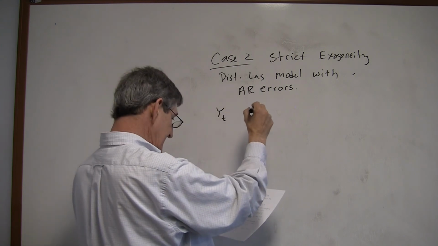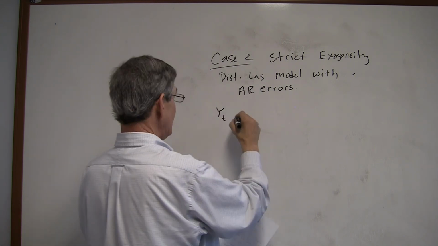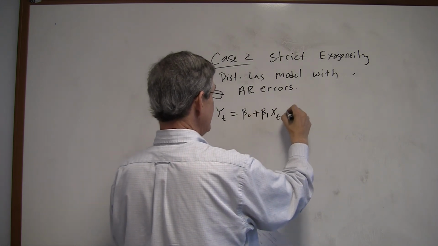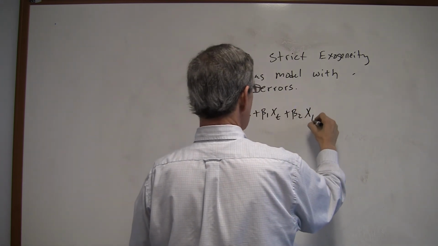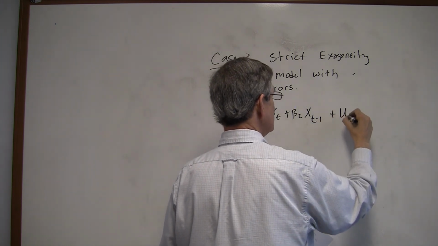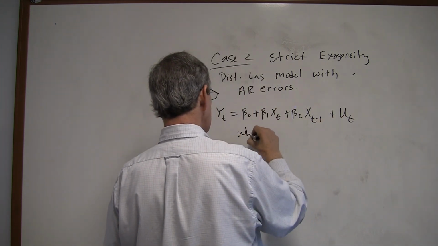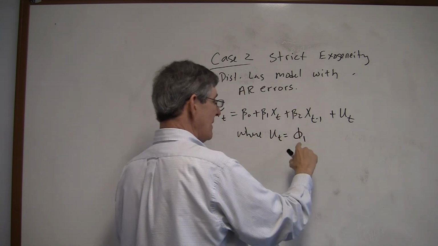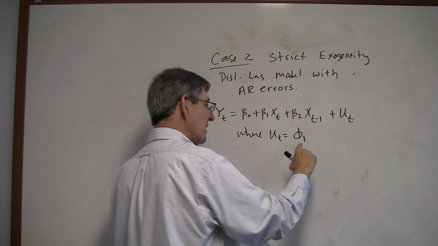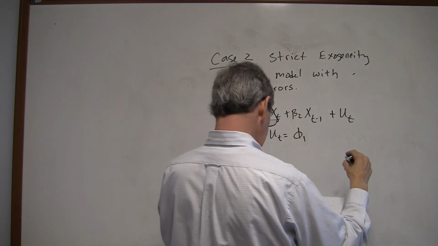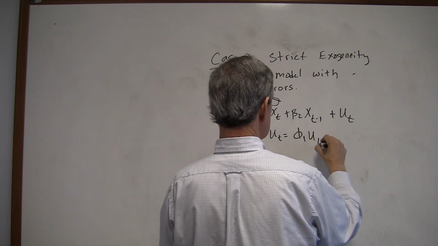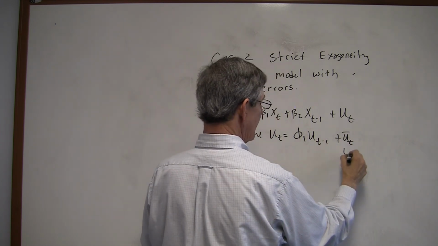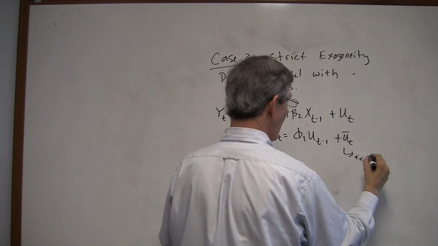Let's take a simple example. Yt is beta 0 plus beta 1 xt plus beta 2 xt minus 1 plus ut, where ut is phi1 (I might sometimes call this rho because I'm used to calling it rho) phi1 ut minus 1 plus ut bar. And again, this is IID, which is what we want.